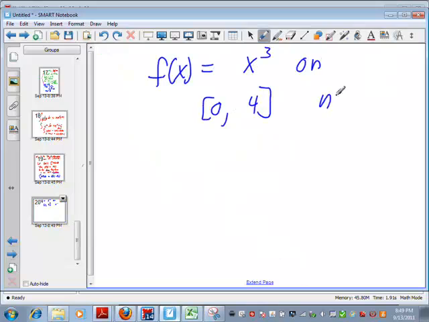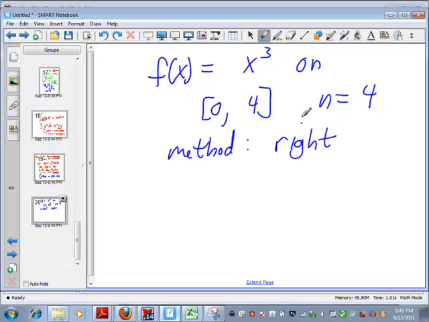How many rectangles? 4. Method? See? Make your own test questions.